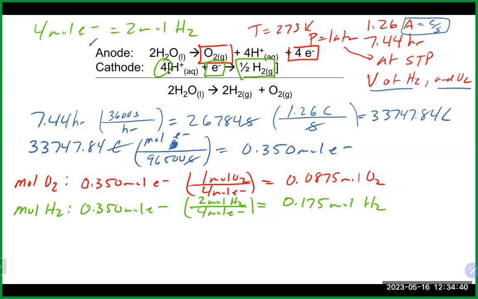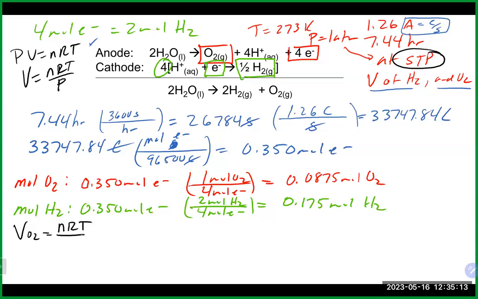So if we wanted something like grams at this point, much like the previous problem, we could just use the molar mass and figure out the grams of each of those things. But in this case, we do want volume, and these are gases. And we're given STP. So here we would maybe want to use PV equals nRT, solving for V, which is nRT divided by P. So if we do that for oxygen, the volume of oxygen would be nRT divided by P. And here we would put in our values.